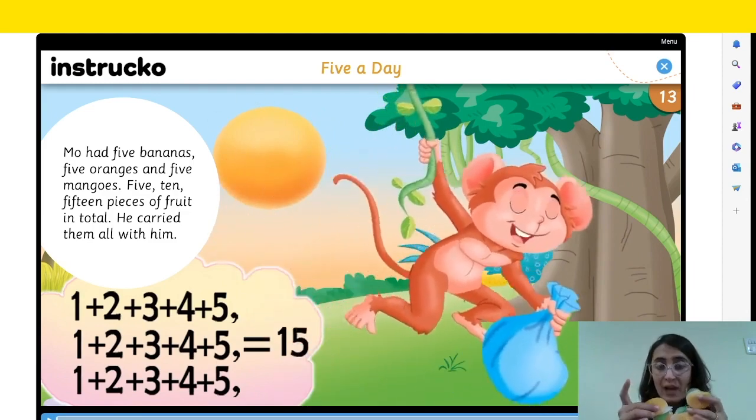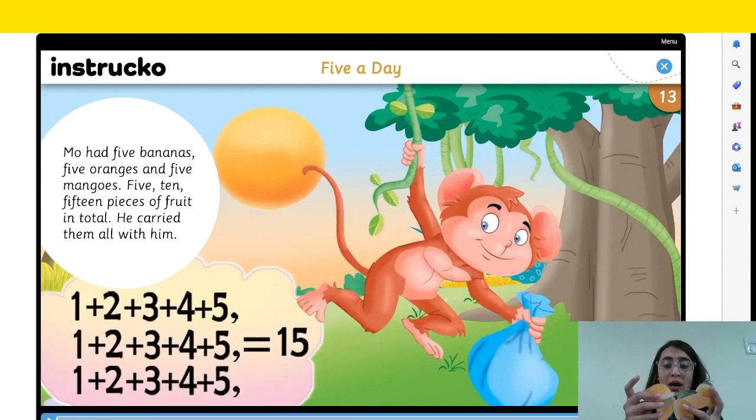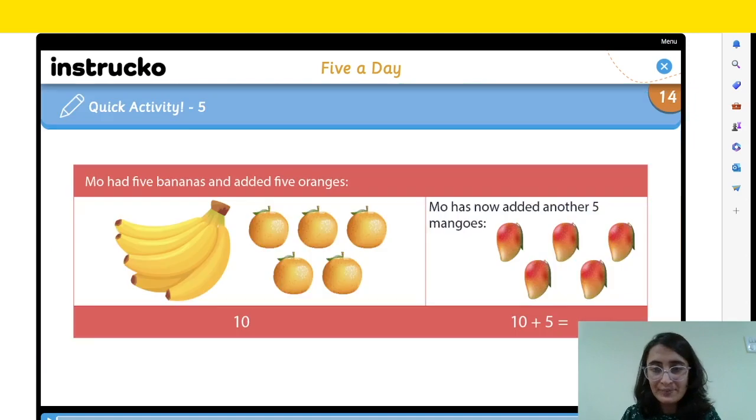See, we counted now. 5 bananas plus 5 oranges was 10, right? Now, if we start counting from 11, then 11, 12, 13, 14, 15. So now, if we add mangoes also to the fruit, then in total we have 15 fruits, okay? Mo has 15 fruits in total, okay?